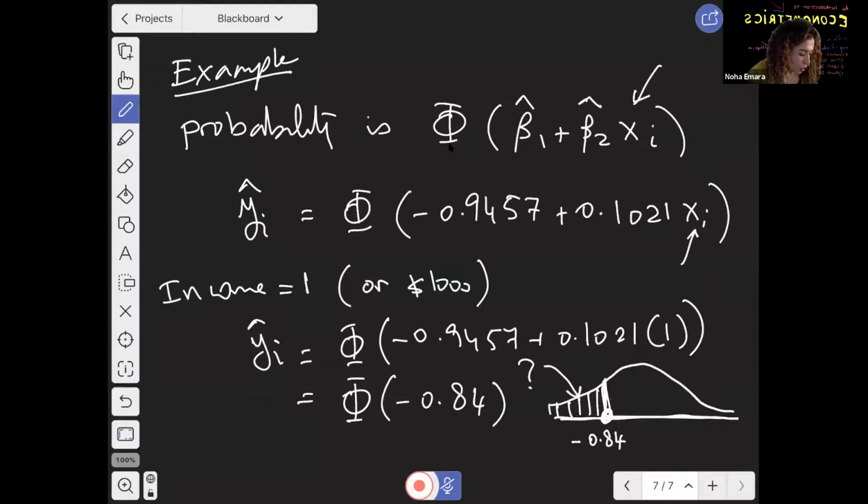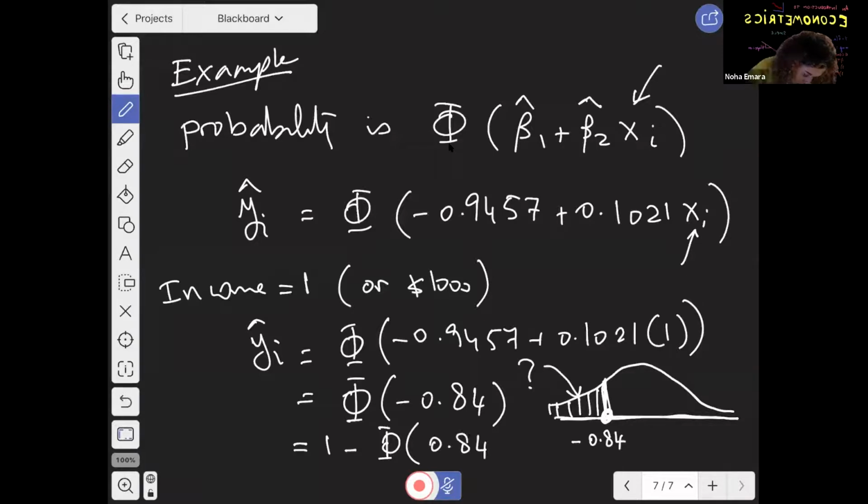So what you need to do is go to the z-table, right? The same way that we used to find the p-value. And just remember that this can also be written as 1 minus phi of the positive part, right? It's exactly the same.